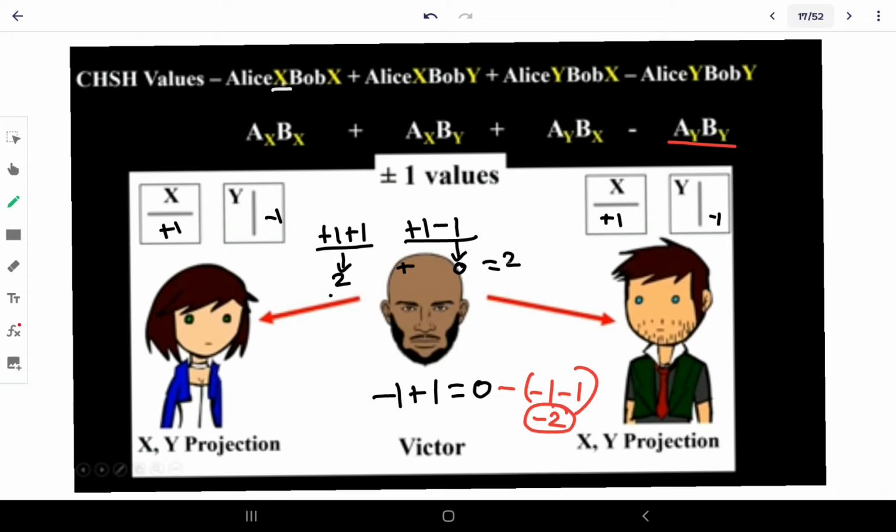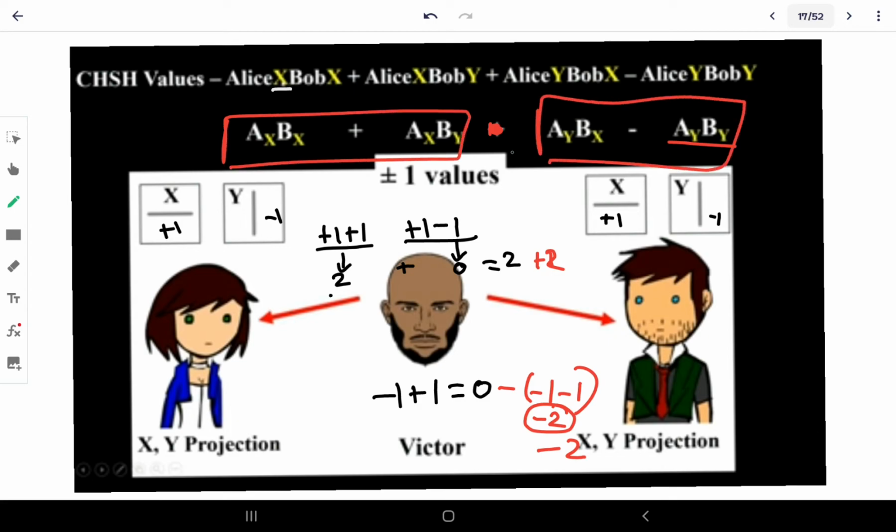However, you either get plus 2 or minus 2 if you add these two statements. And if you add the other two, your answer will be 0.